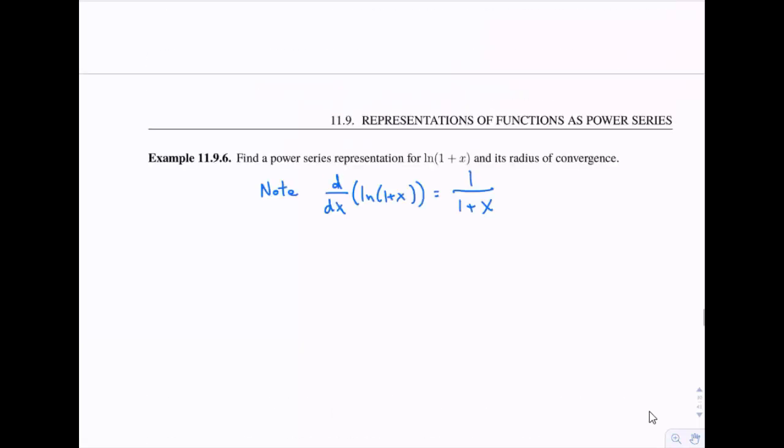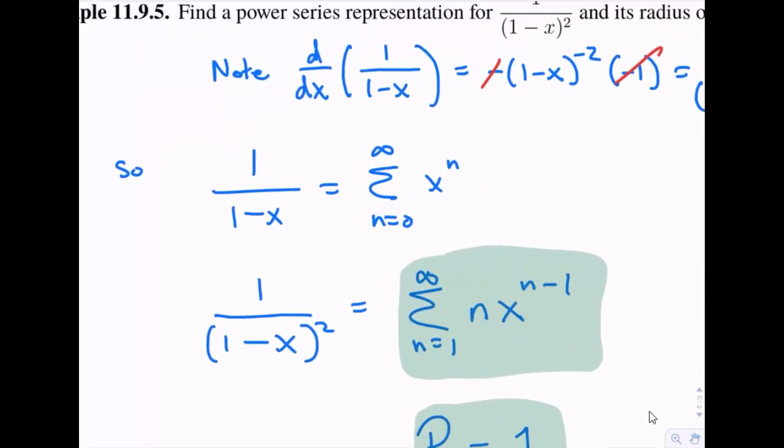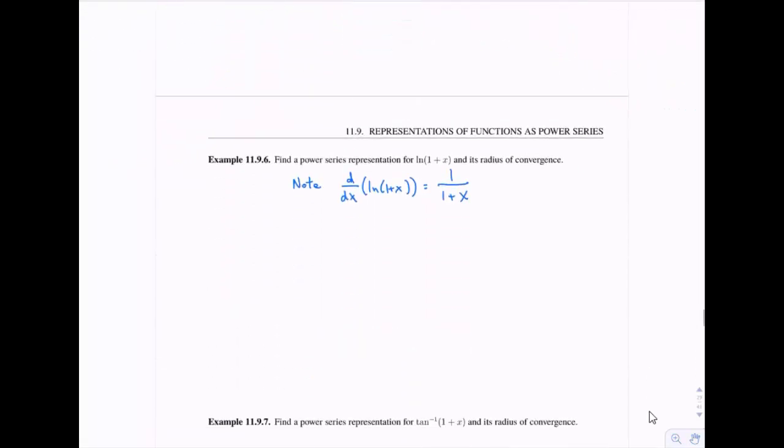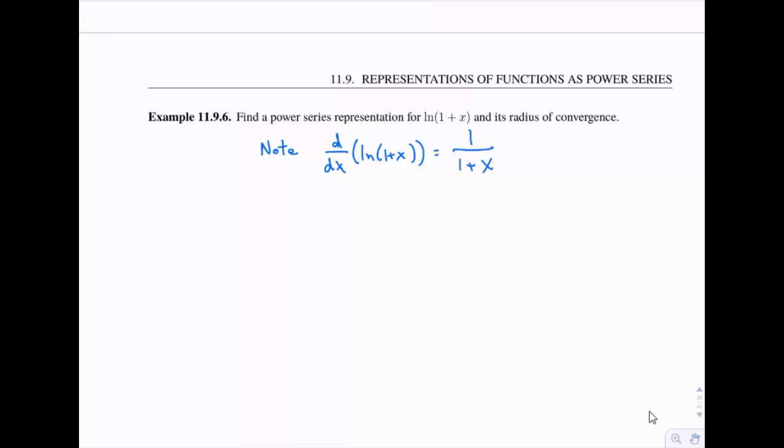Now I know how to represent 1 over 1 minus x, right? Or 1 over 1 minus u, for instance. So let's go ahead and write this equal to 1 over 1 minus u, and we're going to note that u has to be equal to negative x. I guess I should actually write this down really quick. 1 over 1 minus u.